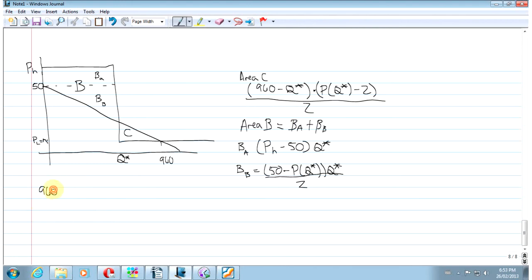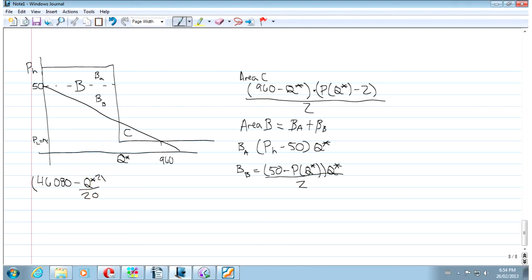So 960 minus Q star. I'm going to go ahead and multiply this out again. We had this multiplied out already. It was 46,080 minus... Sorry, minus Q star squared over 20.